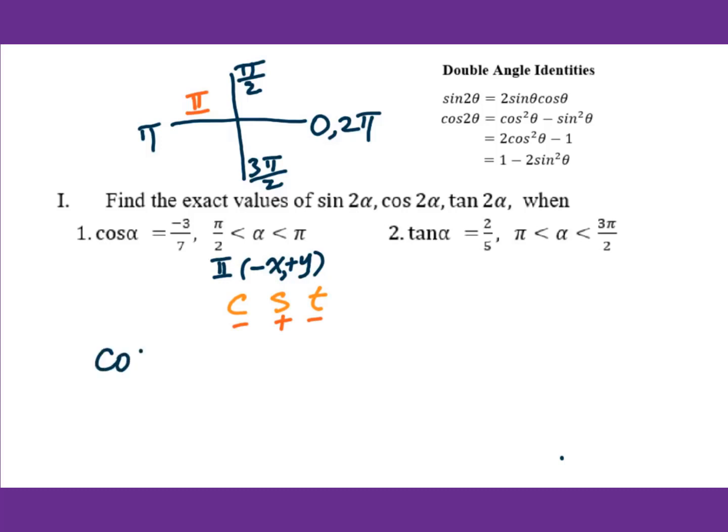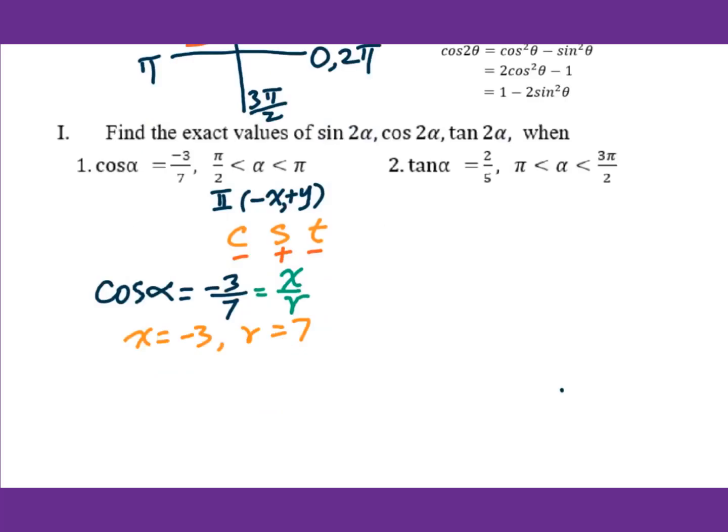Now cosine alpha equals negative 3 over 7. We label it as x over r, which means x equals negative 3, r equals 7.